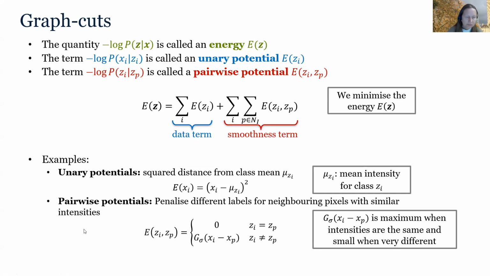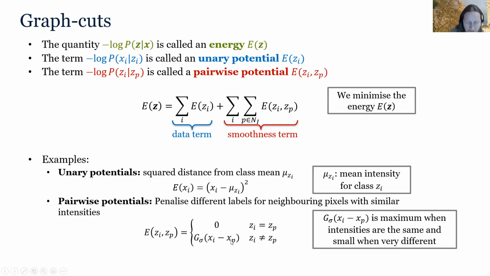Now, the pairwise potentials will penalize different labels for neighboring pixels with similar intensities. If neighboring pixels have the same labels, there is no penalty. But if they have different labels, then we want to give a penalty. And this penalty is modeled as a Gaussian of the intensity difference.